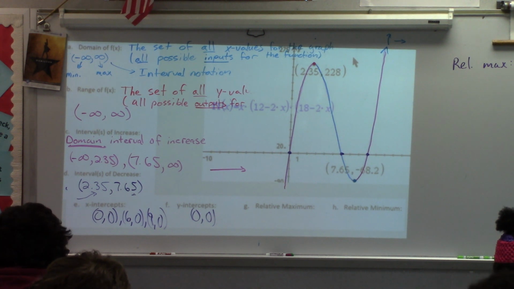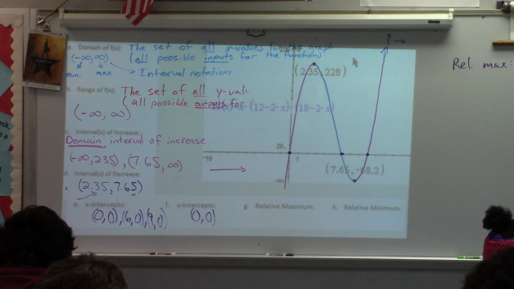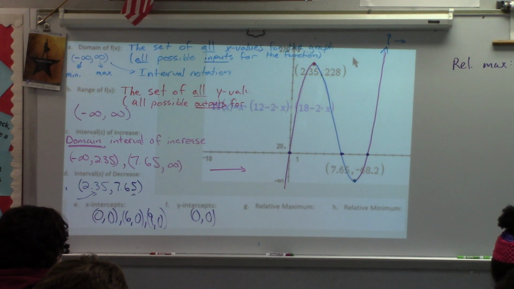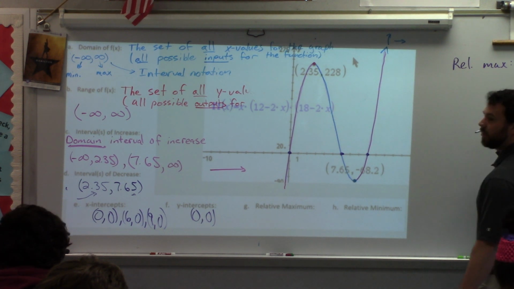Alright. Relative maximum. Anyone know what we should write here, or what the answer might be? Okay, so say again. Kind of. I'm not going to write it as a point, so I'm going to talk about it in a second. And what Caleb is saying is pretty accurate.